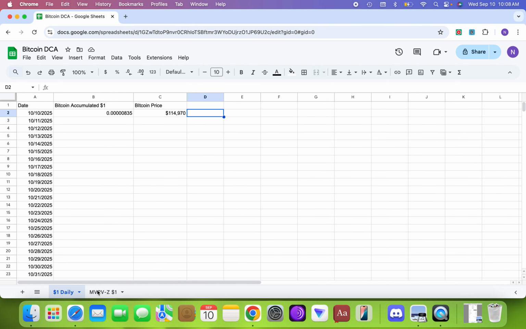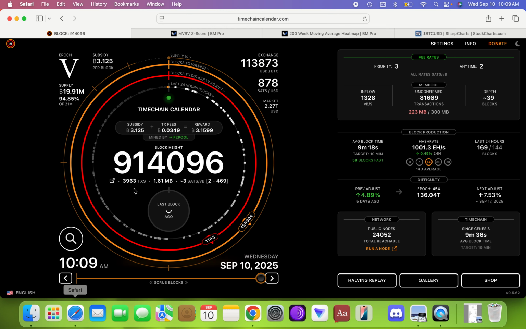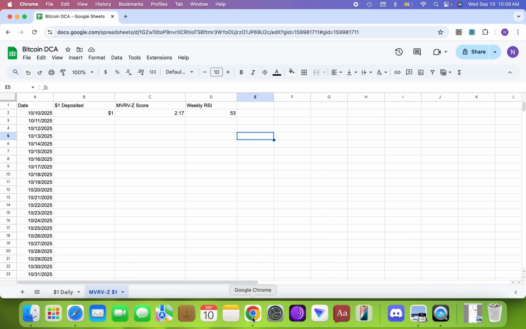And then for the Z score, I also have a category for that. I deposited my $1 to the side. This was the Z score like we looked at, and then this is the weekly RSI. I'm also going to put where we're at, 58. So I think I need to update this to 58.